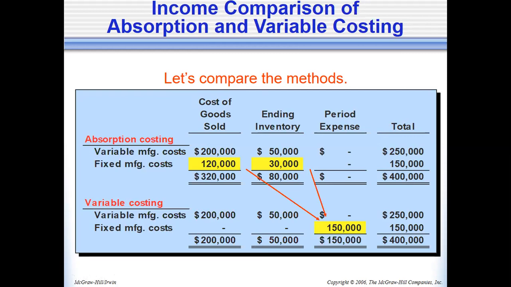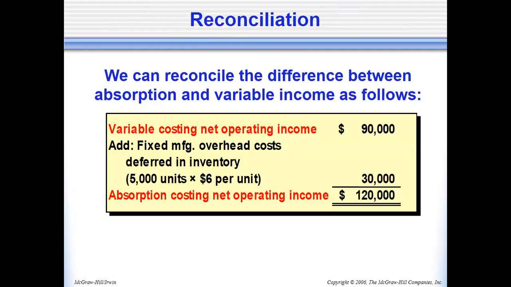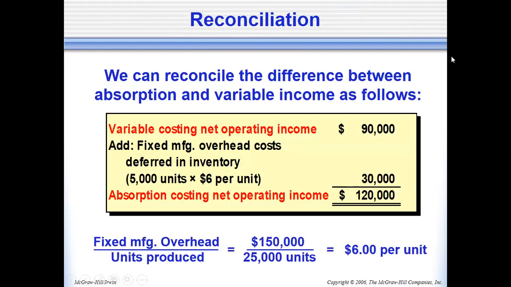It's dollars here. Okay, so this is what I've said. We can reconcile the difference between the absorption and variable costing income by the fixed manufacturing overhead costs, which are deferred in the inventory. So 5,000 units times the $6 per unit.